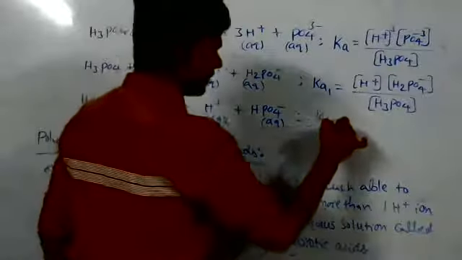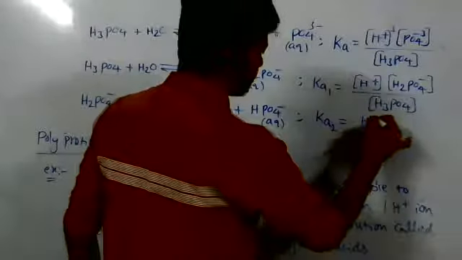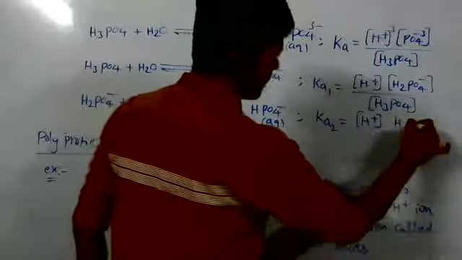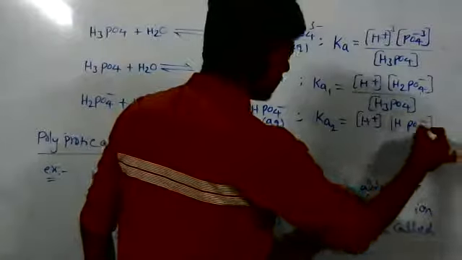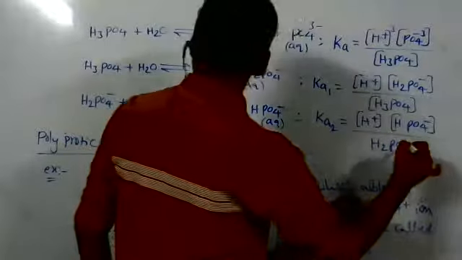So here, acid dissociation constant 2, Ka2, is equal to H+ concentration into HPO4 2- concentration divided by H2PO4- concentration.